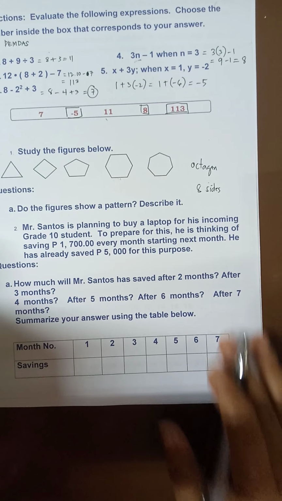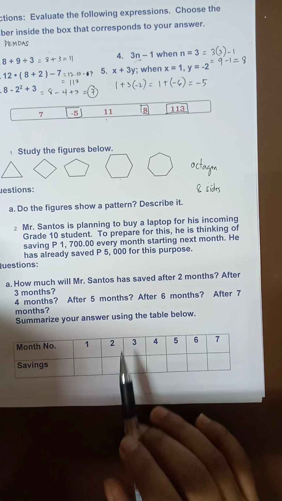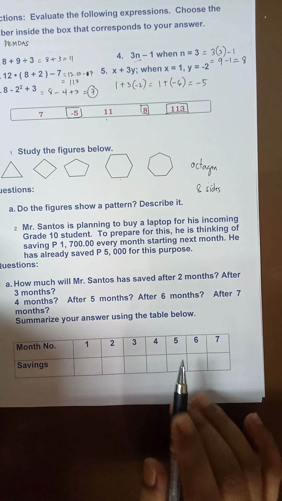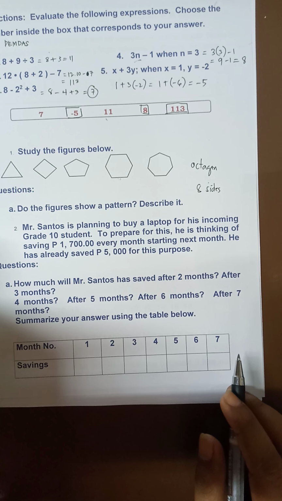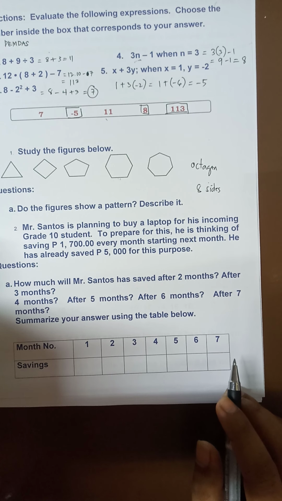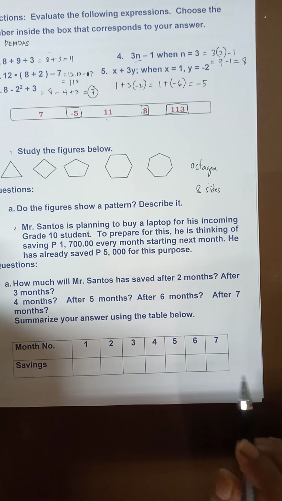So the question is, how much will Mr. Santos have saved after 2 months, 3 months, 4 months, 5 months, 6 months, and 7 months? Summarize your answer using the table below. So we have the table.